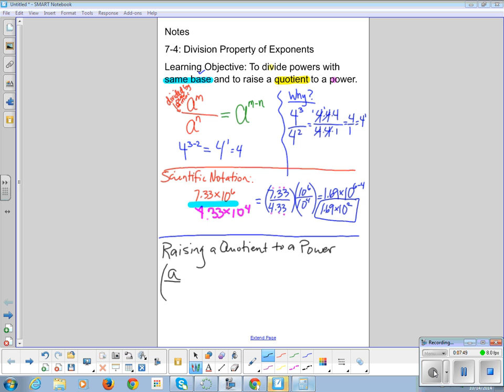So if we have a over b, which is our quotient, it's the division, raising it to the n power, that's the same thing as a to the n over b to the n. We talked a little bit about this yesterday because we did the same thing with multiplying. The only way this works is if you have multiplication or division inside your parentheses. It does not work with adding or subtracting.